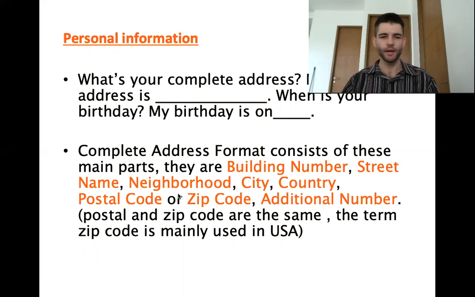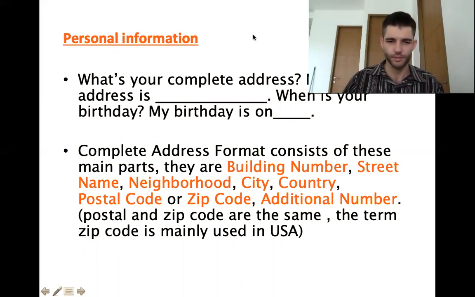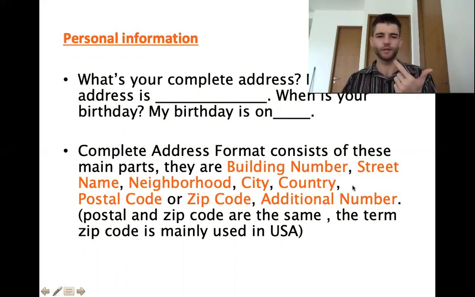And you can say my address or my full address is, let's say, we have to look at this next one. Here we go. Your building number, your street name, your neighborhood, your city, your country, your postal code, your zip code, and an additional number. So before I used to live in Nonthaburi in Pakret.